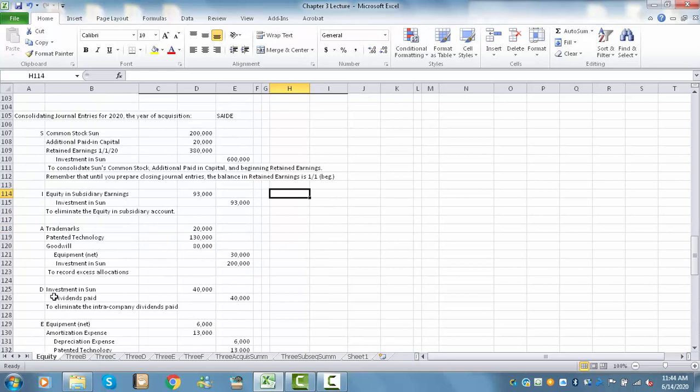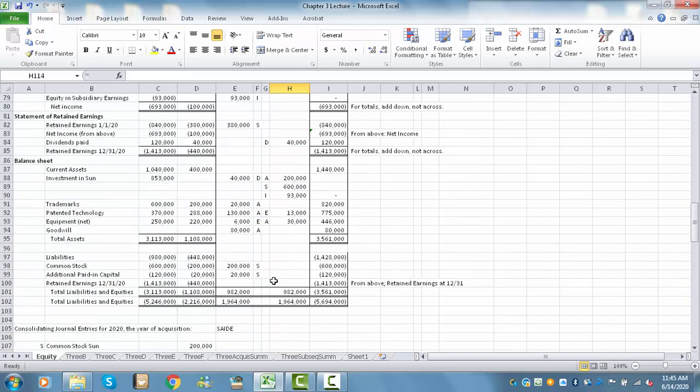Okay, and then my next step is to eliminate any dividends paid from the subsidiary to the parent, or from Sun to parent, and that was $40,000. So I'm going to take out dividends paid are normally a debit. They reduce retained earnings. I'm going to take it out of dividends paid and take it out of investment in Sun.